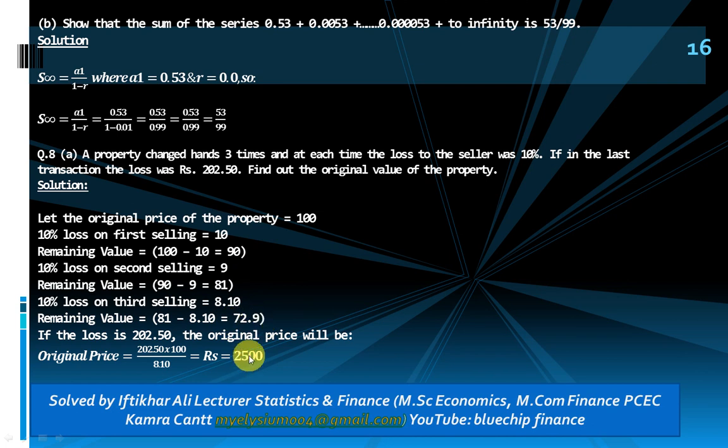Here we apply the last transaction loss: 202.50 multiplied by 100 divided by 8.10. The result will be 2500. 8.10 is the last loss. So after putting the values into this formula, the total original price will be 2500.